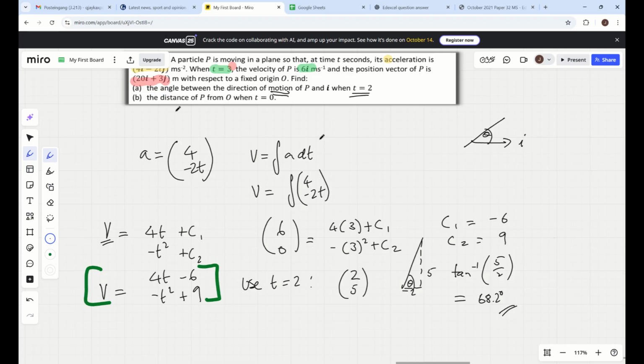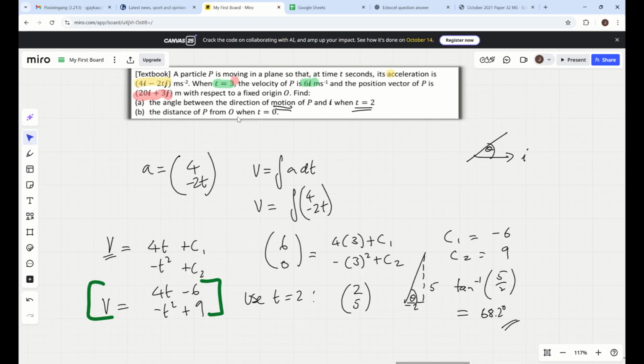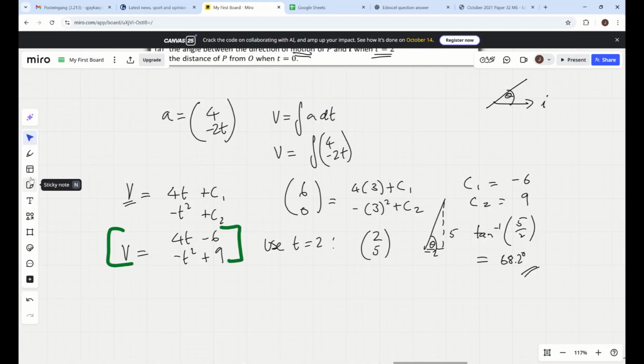Okay, and notice we didn't use the red bit yet, so we're probably going to use that in the next part. What's the distance of P from O? And that's going to be when t equals 0. Okay, so I need to integrate this one here, don't I? So let's do that.